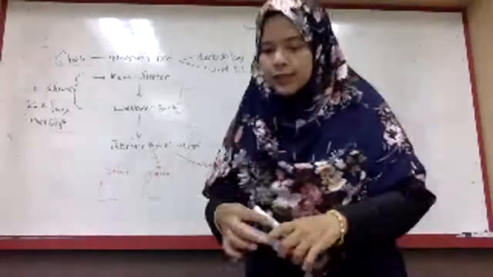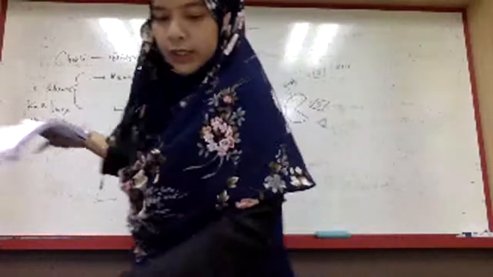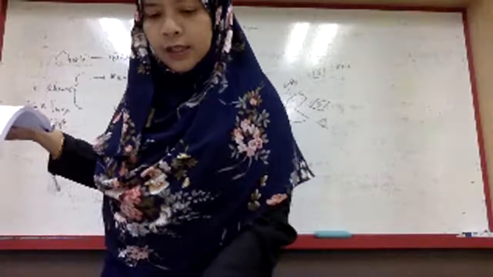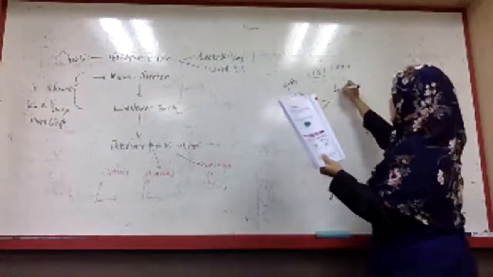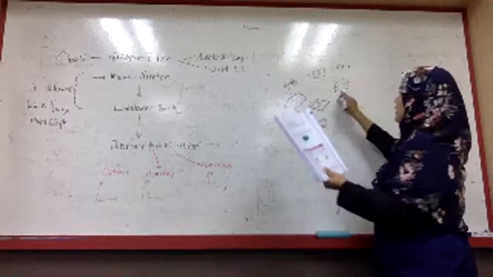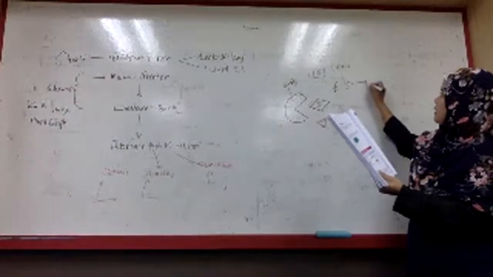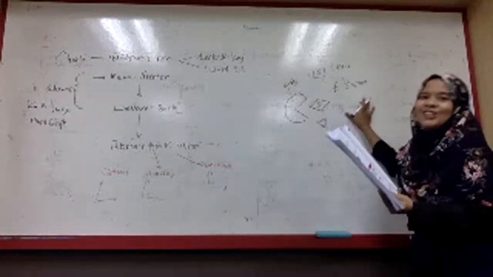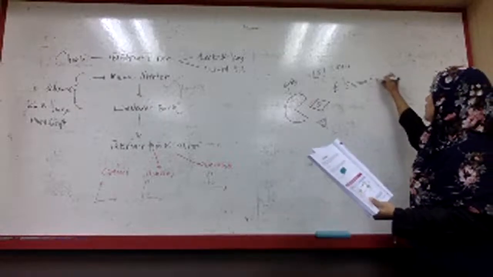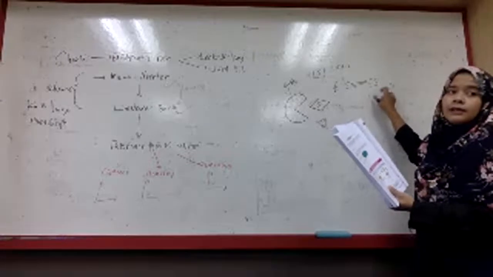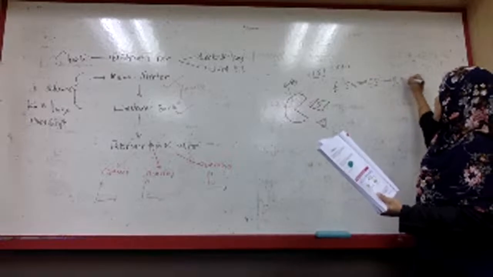So that's the mechanism. In the book it says reaction steps 1, 2, 3, 4, 5, but in this slide we have simplified it. So E plus S, enzyme plus substrate, will produce the enzyme-substrate complex, ES, and then only it will produce enzyme plus product.